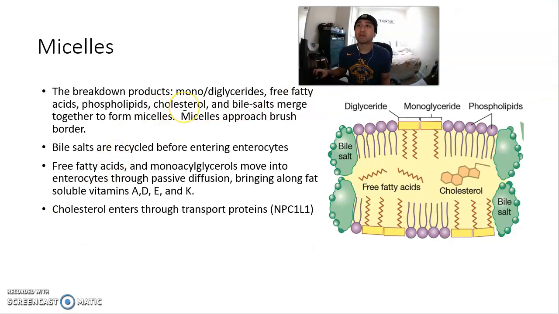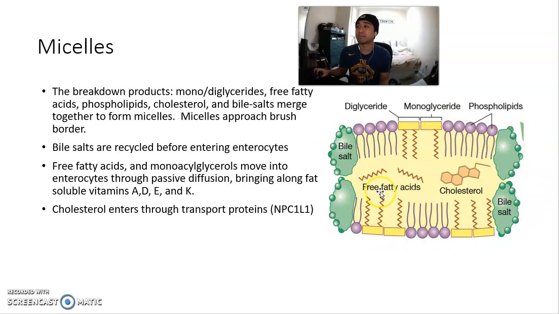So after the lipases have broken down those polymers into monomers, we have all this breakdown product, and we have the bile salts and the phospholipids surrounding this structure, and this structure is called the micelle.